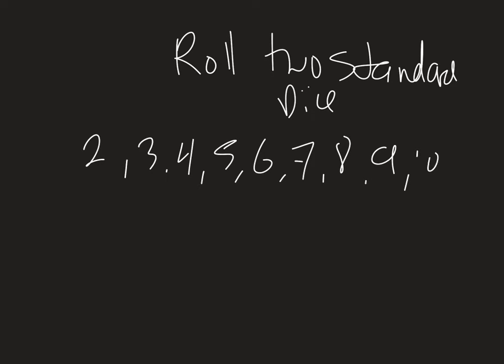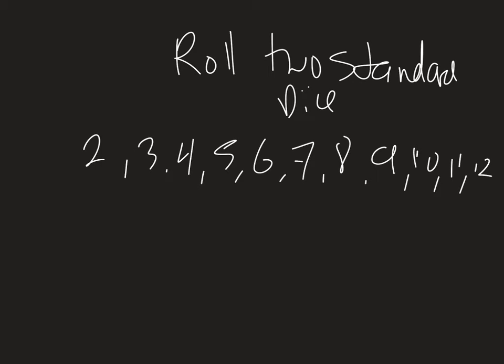So if we consider rolling two standard six-sided dice, if we think about it one way, we could think, okay, well, you can roll a 2, a 3, a 4, a 5, a 6, a 7, an 8, a 9, a 10, an 11, or a 12.